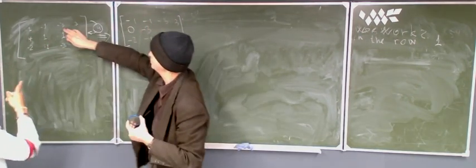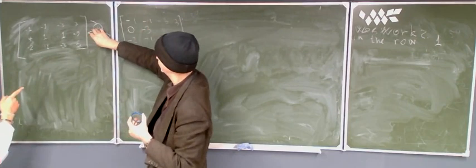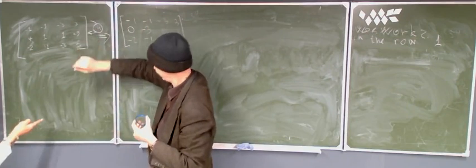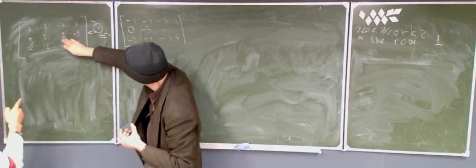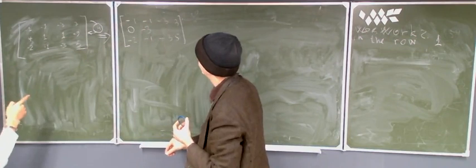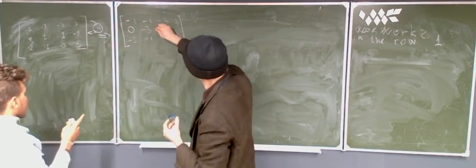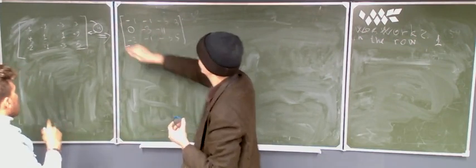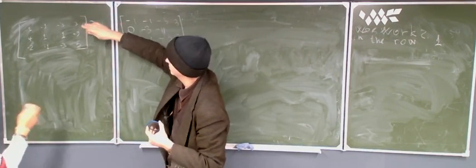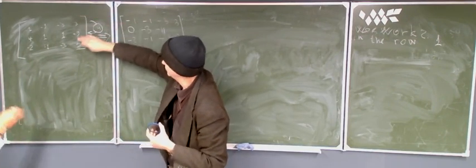Then we multiply this -3 by 4, -12, and then add -12 to this one. That is -11. Then multiply this 3 by 4, 12, and add -9.